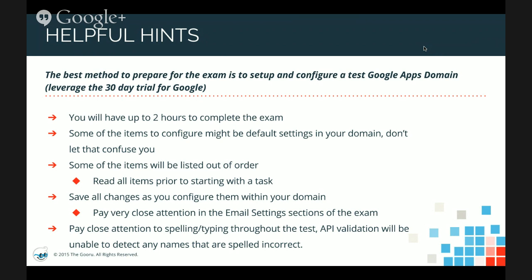So you just want to make sure that as you're creating users, creating groups, creating organizational units, all those things, that you're paying very close attention to how you typed them and that they're spelled exactly like they are spelled in your list of tasks.